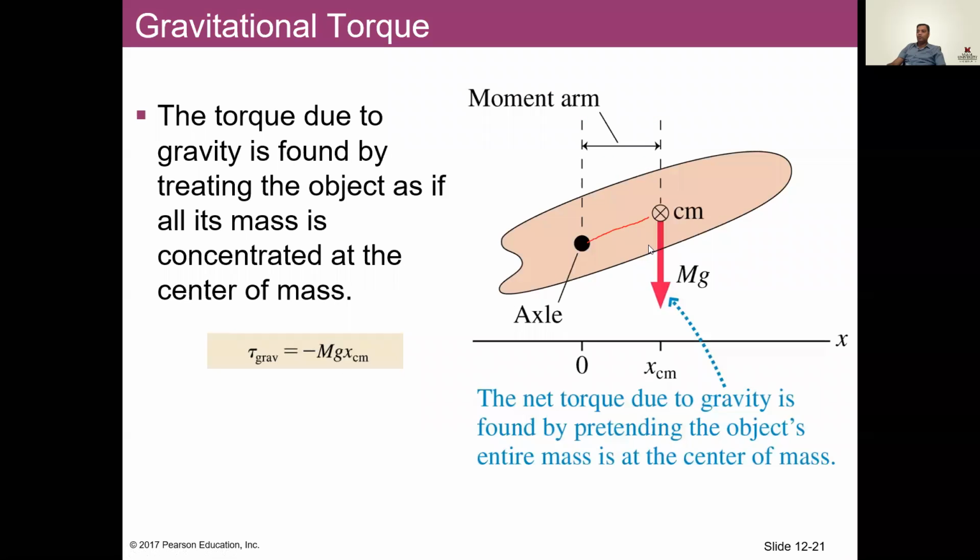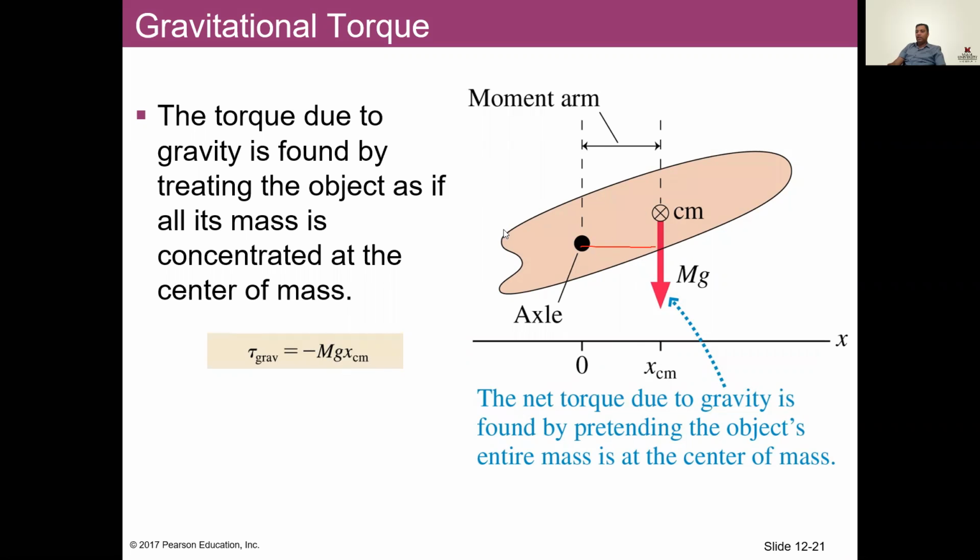The application of the force here is at this point, the pivot is here, so this is not a perpendicular, right? If you have to draw a perpendicular, it has to be like this, not this one. So that's why we needed this length, and that length is basically nothing but x_cm. That's why you have a torque to be found in that way.